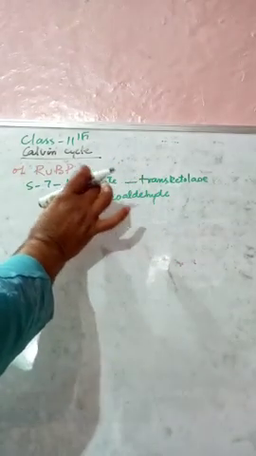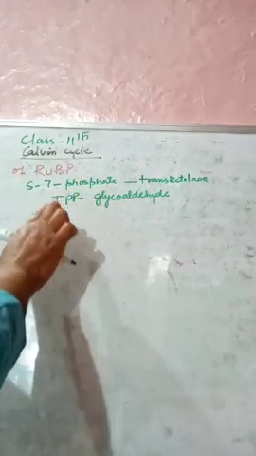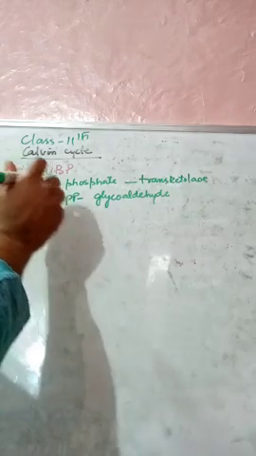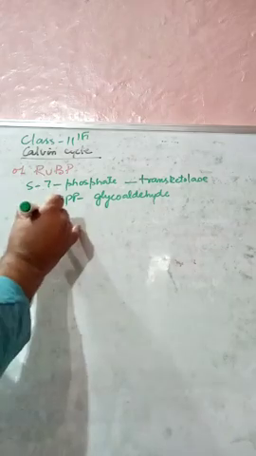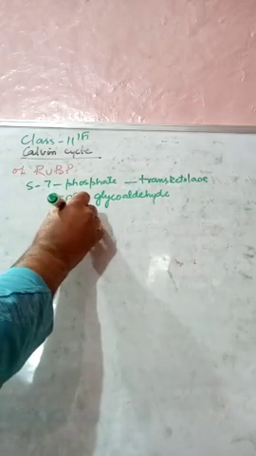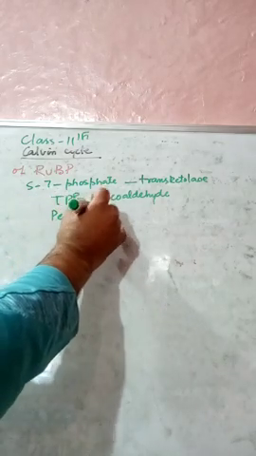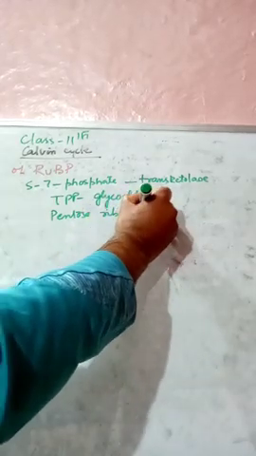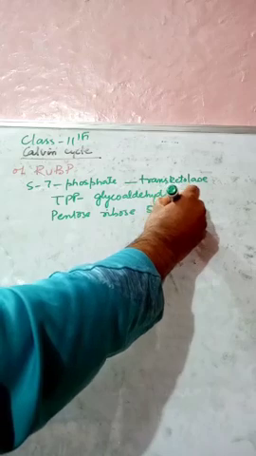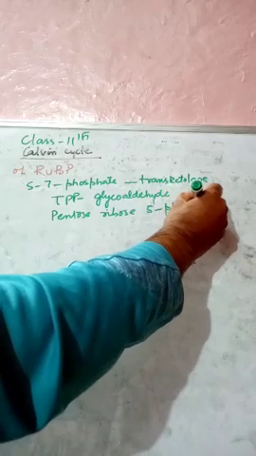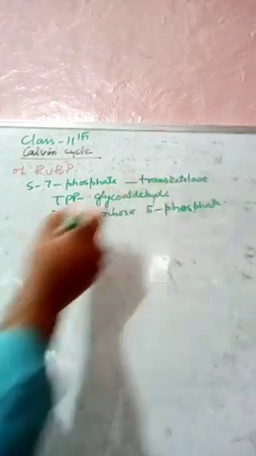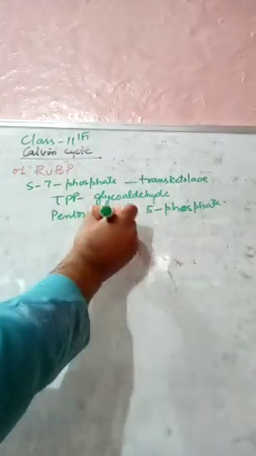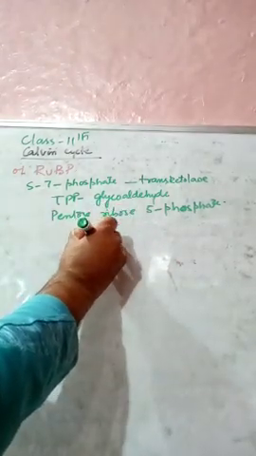Two top carbons are removed as TPP glycoaldehyde, leaving the pentose ribose 5-phosphate.